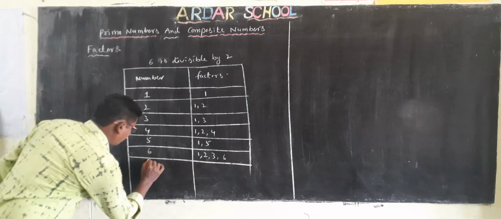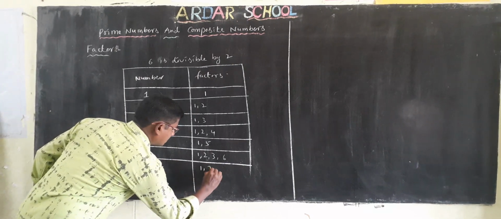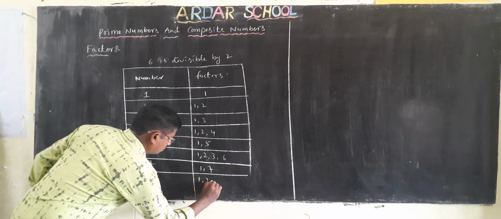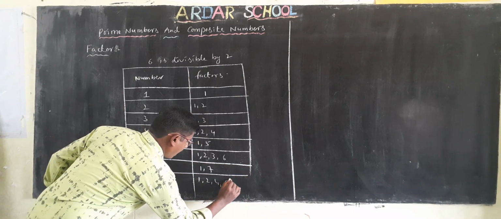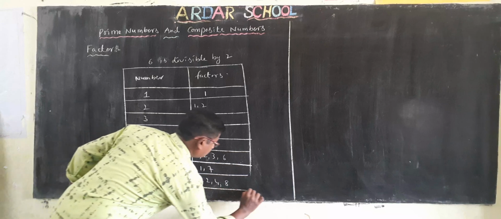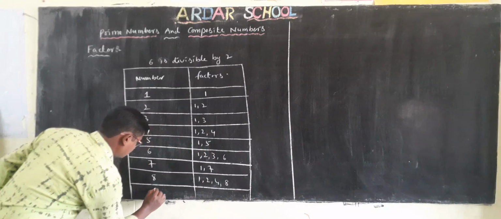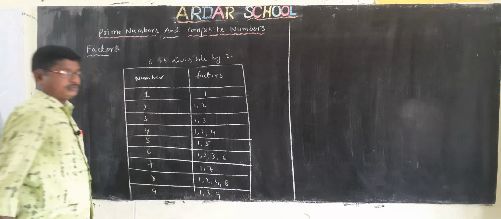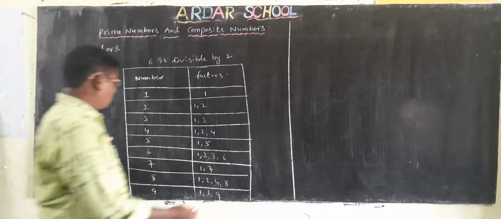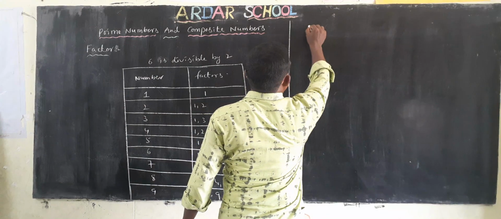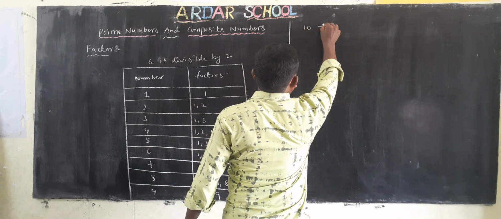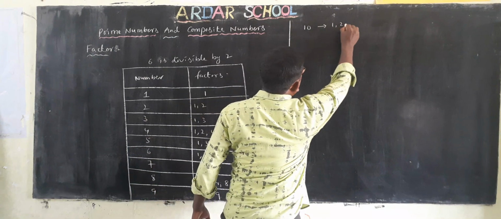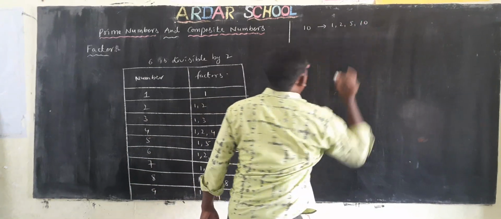Next 7: 1 and 7 only. Next 8: 1, 2, 4 and 8. 9: 1, 3 and 9. Next 10: 1, 2, 5 and 10.